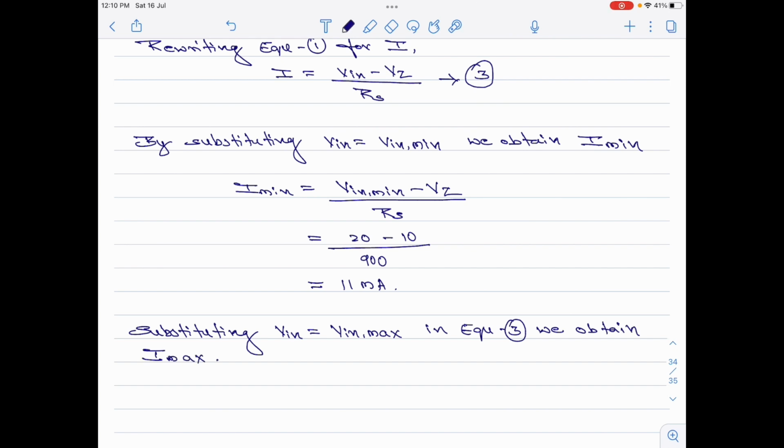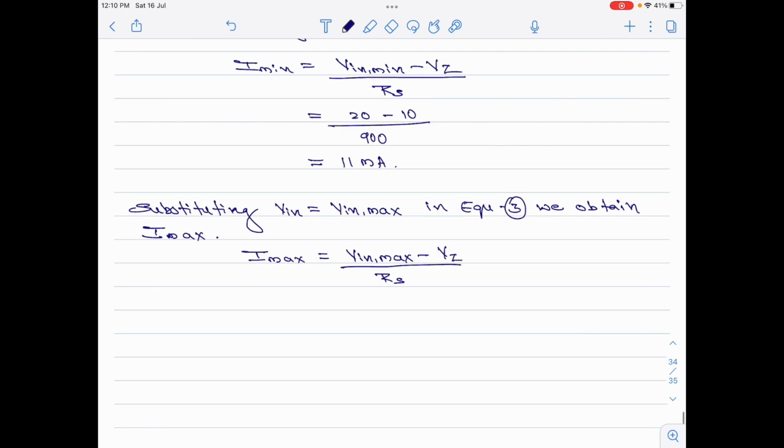So, I max is equal to V in max minus Vz divided by Rs. V in maximum is 40 volt, Vz is 10, Rs is 900. So the value of I maximum would be 33.33 milliamps.